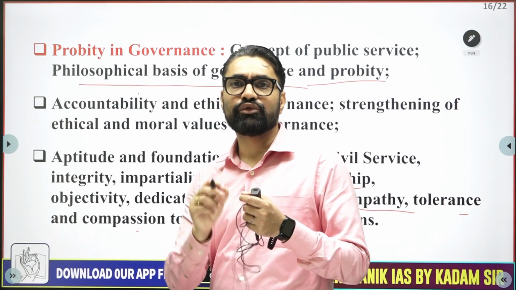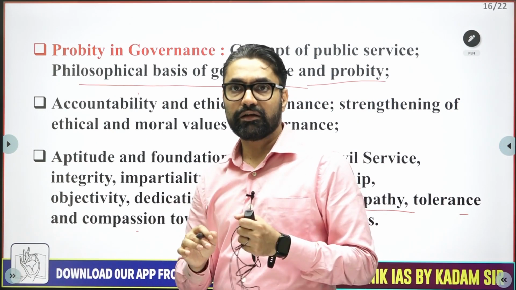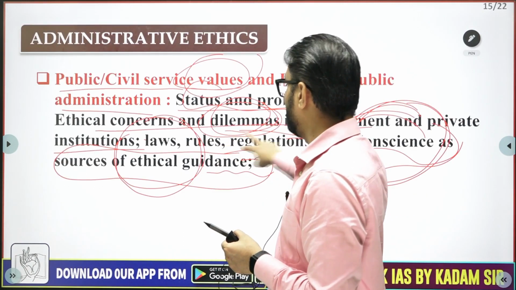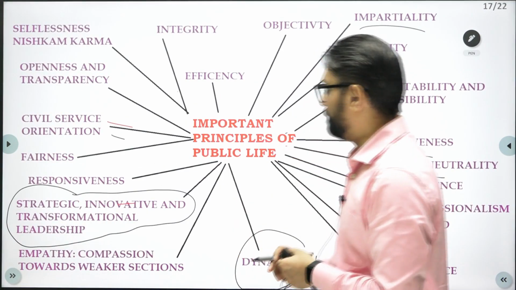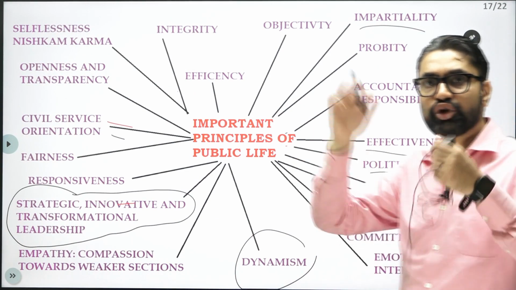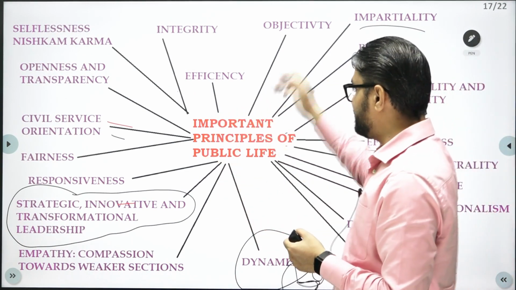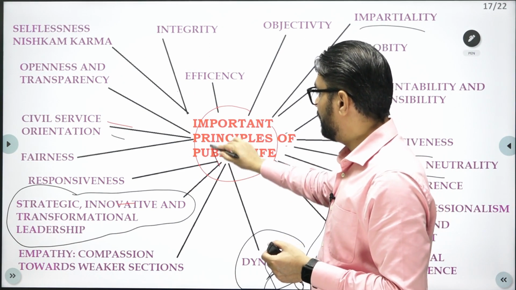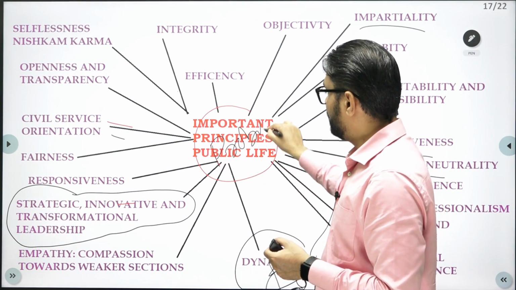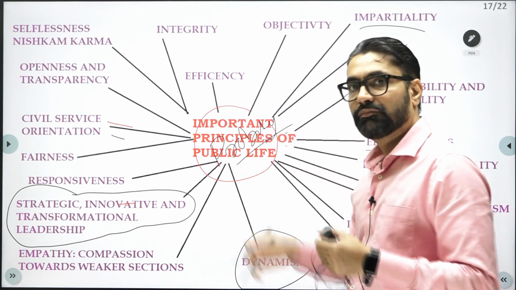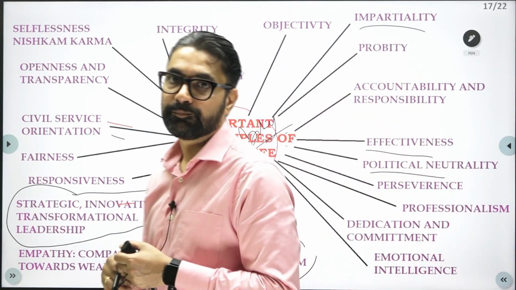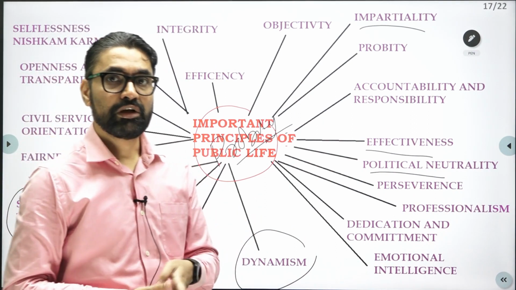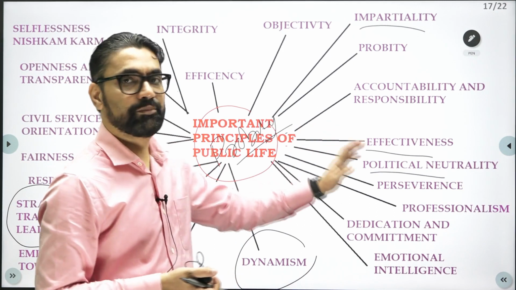And just to tell you in short what probity is: in the easiest way, probity in governance is a very top level value. Probity is such an open-ended and higher level value that it covers all the values in the administration.